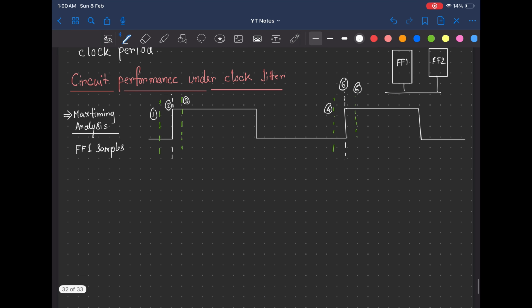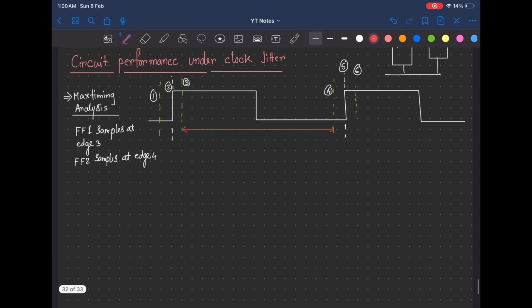Flip flop 1 is sampled at edge 3, and flip flop 2 samples at edge 4. If you do that, obviously your period decreases, so it can impact your maximum timing analysis. How? The equation is T clock minus 2 jitter, because this is one jitter and there is another jitter.